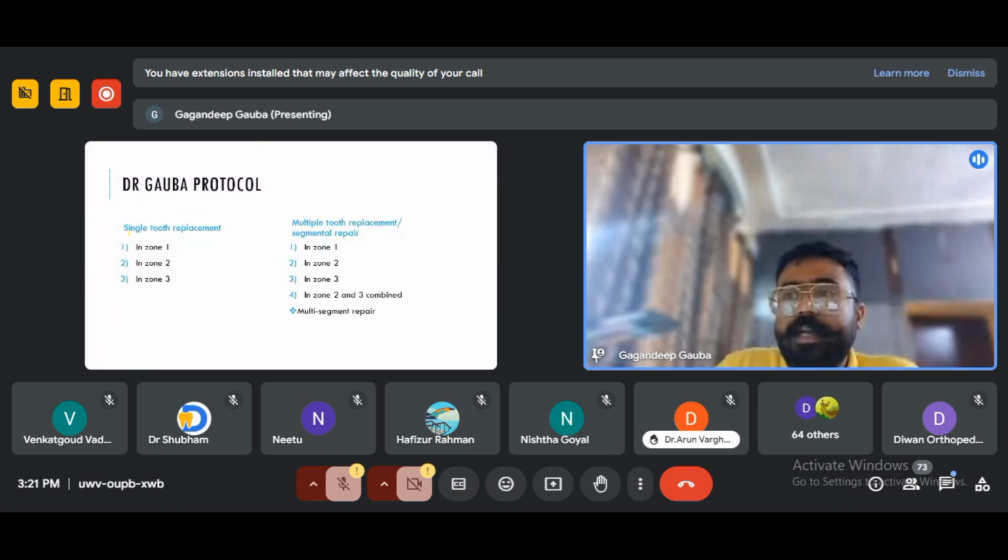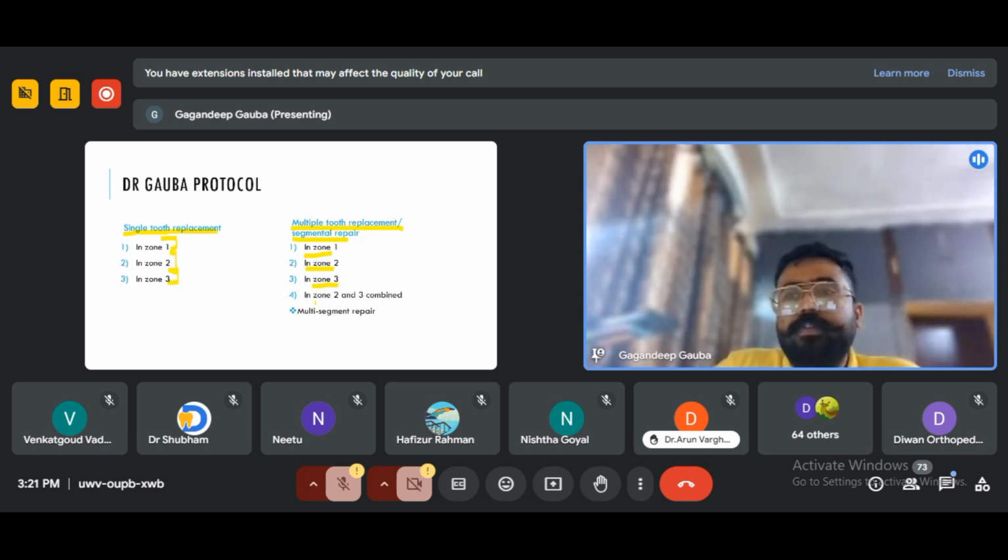First is the single tooth replacement. Somebody asked also what to do in a single tooth replacement, right? So we will be studying this in the following heads, that is in zone 1, in zone 2, and in zone 3, right? And in addition to that, we will be studying multiple tooth replacements and segmental repairs in zone 1, in zone 2, in zone 3, and zone 2, zone 3 combined.